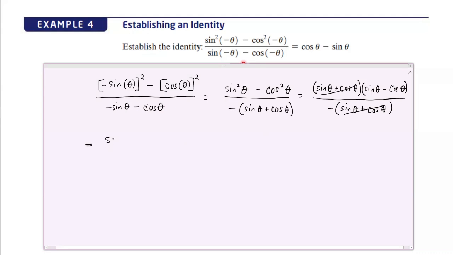So it's like I've got a sine theta minus cosine theta up here and a -1 down here. So if I distribute that -1, I can bring the cosine in front. Negative cosine will make that positive cosine. And then we're going to negate the sine. And we've brought this side to this side. So that was our goal.